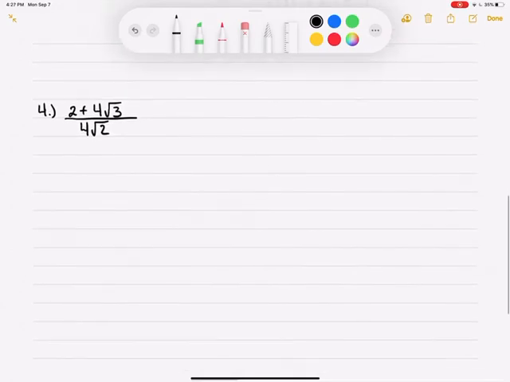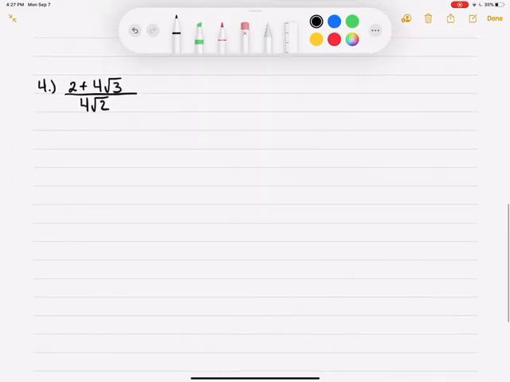In example 4, I have 2 plus 4 times the square root of 3 divided by 4 square roots of 2. I'm going to multiply the denominator and the numerator by 4 square roots of 2. Remember, since your numerator has 2 terms, the 2 and the 4 square roots of 3, it needs to be put into parentheses so that you remember to distribute your 4 square roots of 2.